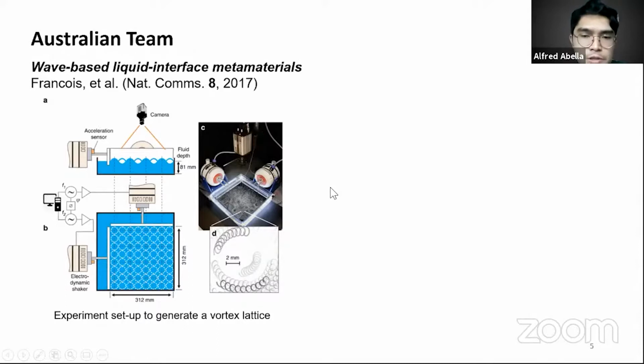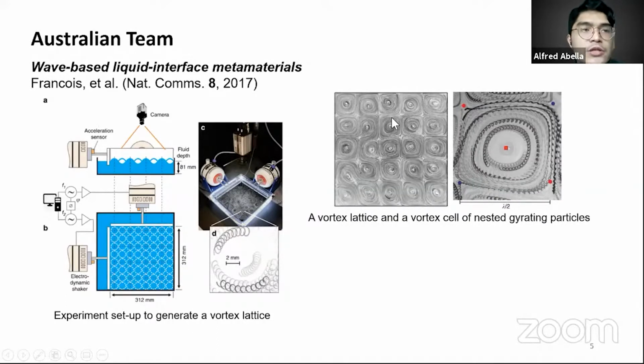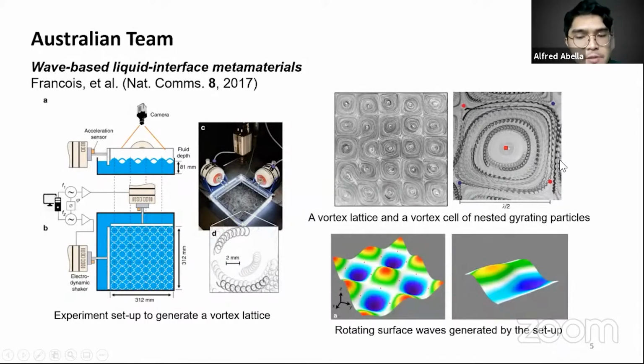This produced the vortex lattice, similar to the Russian team, and they also observed the gyrations of the particles, as seen in this image here. They observed that the waves produced using their setup are rotating surface waves, and this provides the necessary momentum to generate these vortex lattice cells.